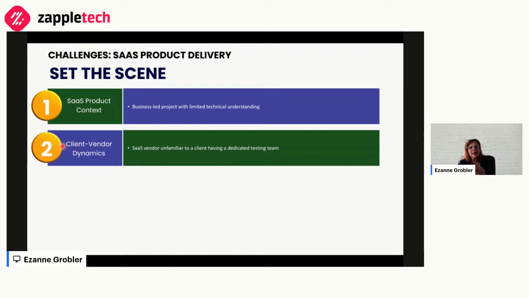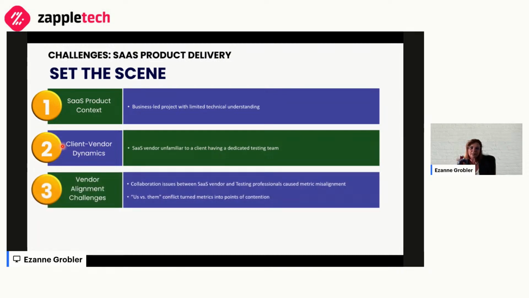The client-vendor dynamics. Here we didn't have a development vendor, but we had the software as a service vendor. And for the first time, this vendor was quite unfamiliar with the fact that their client could have a dedicated testing team. So their client, our client as well, hired us as their testing partner, and we played a huge role on behalf of them with the software as a service vendor.